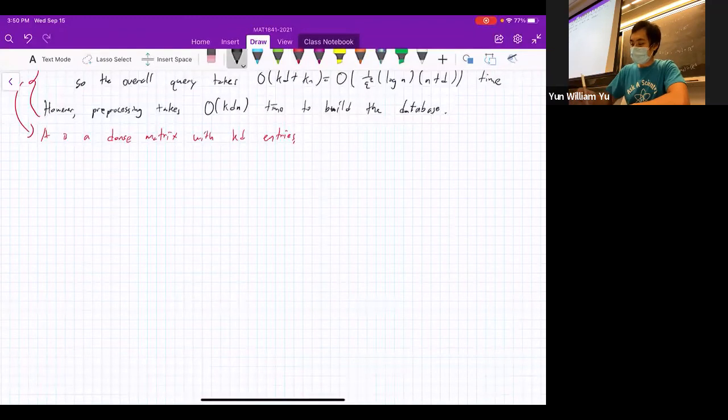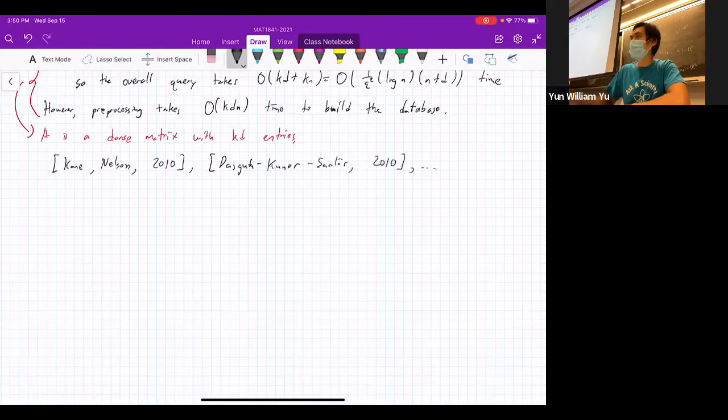So these are some papers by Kane and Nelson in 2010, or by Gupta, Kuhner, and Sarlos in 2010, and a number of others around the same time in conferences like STOC or FOCS and SODA.